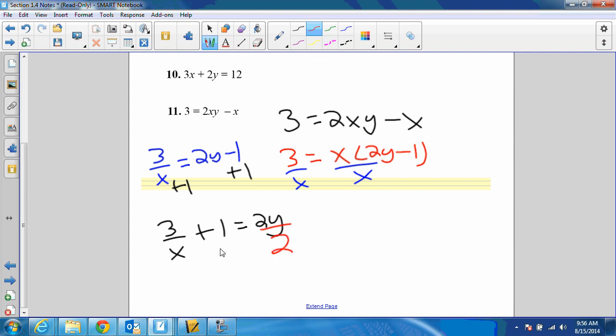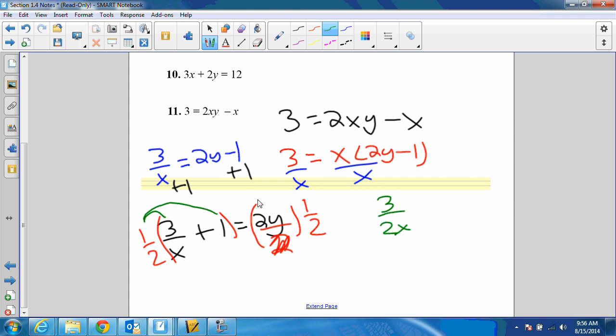Since we have fractions, it'd probably be better to multiply by 1/2 and just distribute that 1/2 to each part. 1/2 times 3 over x is 3 over 2x, and then 1/2 times 1 would be 1/2, equals y. So 3 over 2x plus 1/2 equals y would be what's solved for y.